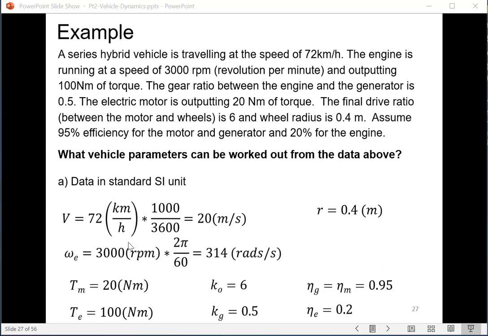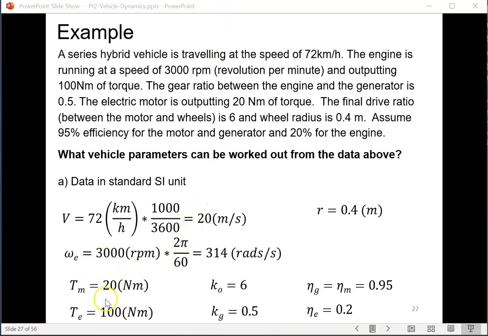One revolution is one cycle, which is 360 degrees, and 360 degrees in radians is 2 pi. So I put 2 pi on the top. Per minute, 1 minute is 60 seconds, so that's in the denominator. So 3,000 times 2 pi over 60 gives me approximately 314 radians per second. So again, I've got that into standard SI units. These are the two you basically need to convert.